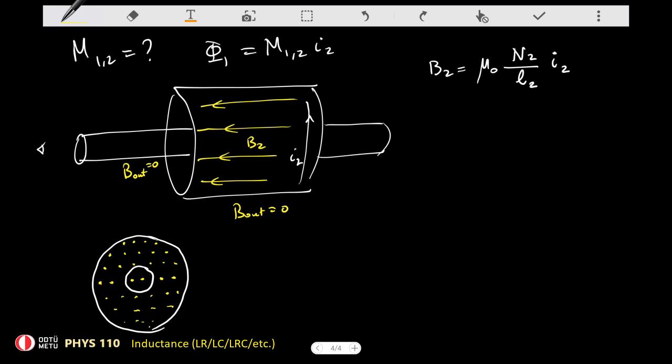That's one of the important things, because if I'm modeling the first solenoid as a series of N1 circular loops in here, these circular loops do not have any flux. As a result, when I'm computing the total flux through the first solenoid, I have to exclude this part of that solenoid.